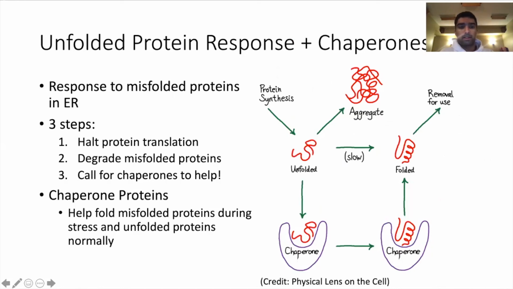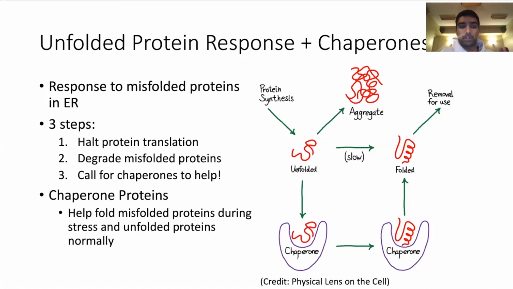So this is where protein regulation comes in. There's the unfolded protein response and there's chaperone proteins. So when there's misfolded proteins in the endoplasmic reticulum, which is an organelle in cells that has the translation of proteins in it, there's 3 steps that take place.